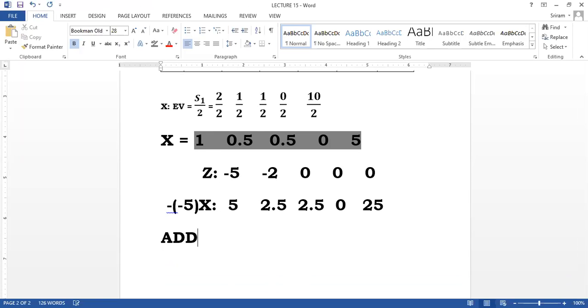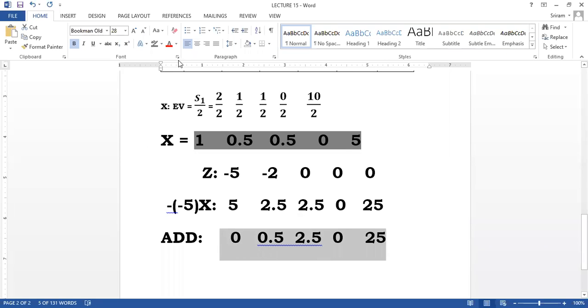I'm going to add these two numbers. -5 plus 5 is 0. -2 plus 2.5 is 0.5. 0 plus 2.5 is 2.5. 0 plus 0 is 0. And this is 25. So the Z value for the next table is 0, 0.5, 2.5, 0, 25.